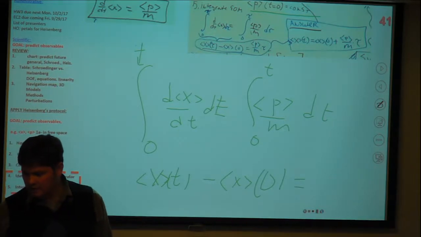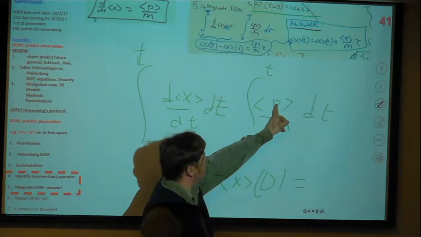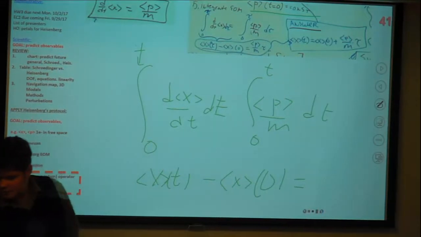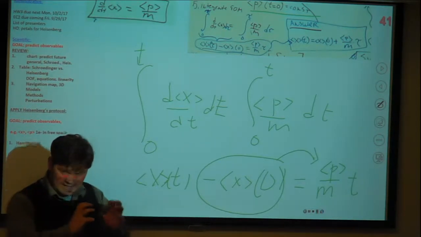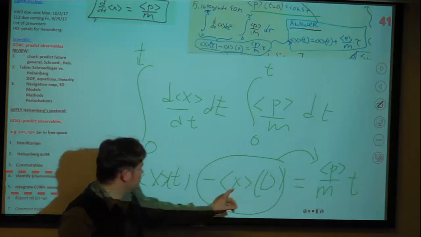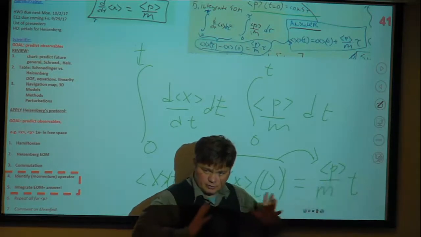And on the right, since the momentum is not changing with time, we will get just the constant times duration of time. And then if we move this part to the right, we see that position of the center of electron, center of distribution of electron, is its initial value plus the linear function. So it linearly changes in time.